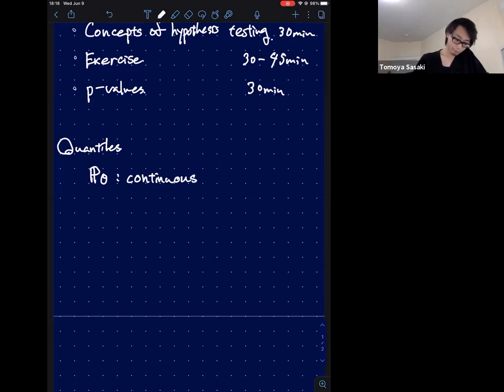It could be, for example, a normal distribution with mean 0 and variance 1. This is a typical example of a continuous distribution, right? And let's say we are generating random variables from this distribution.